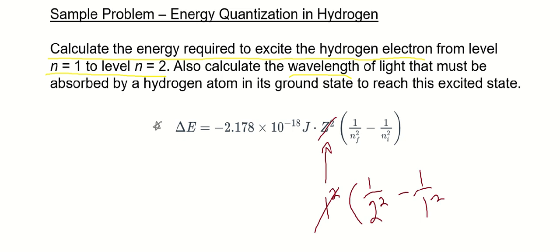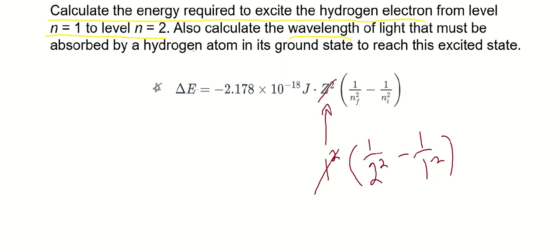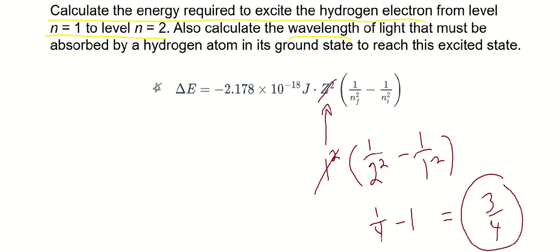N squared is 1, and 1 over 1 is still 1. So this whole part is going to be 1/4 minus 1, which is going to be negative 3/4. So we're going to plug in negative 3/4 over there.